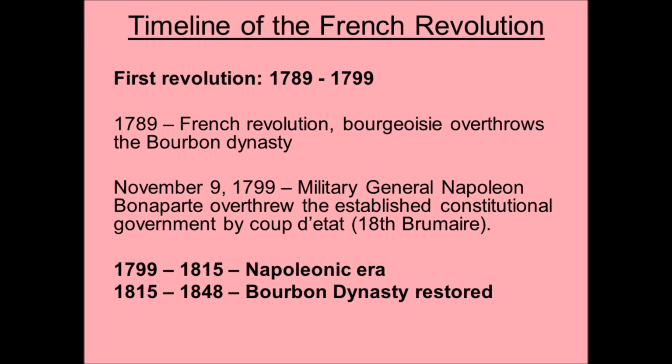This was known as the 18th Brumaire. The years from 1799 to 1815 were known as the Napoleonic era, when General Napoleon Bonaparte was in power. And then in 1815, the Bourbon dynasty was restored until 1848.